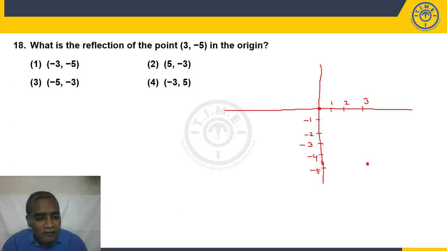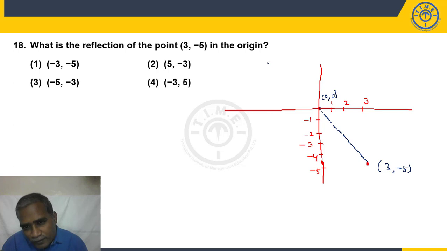So, where is the reflection? I want the reflection of this point with respect to the origin. Means here you will get the point. Same distance, here also same distance.